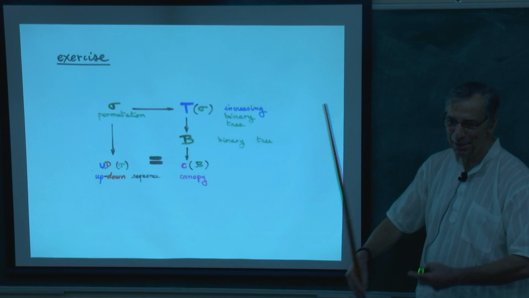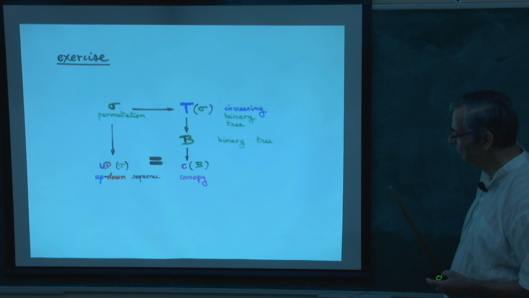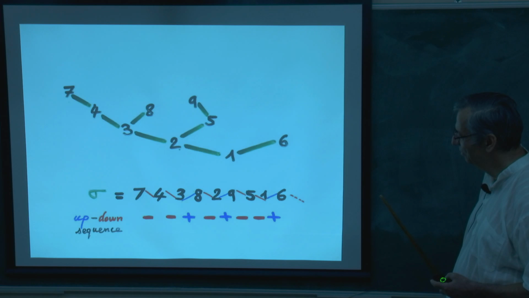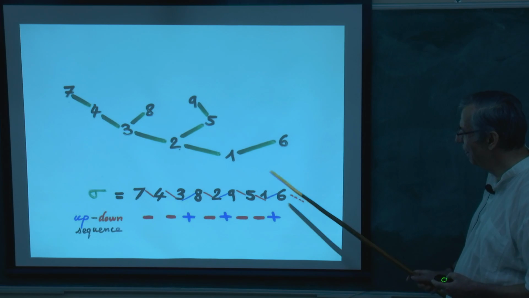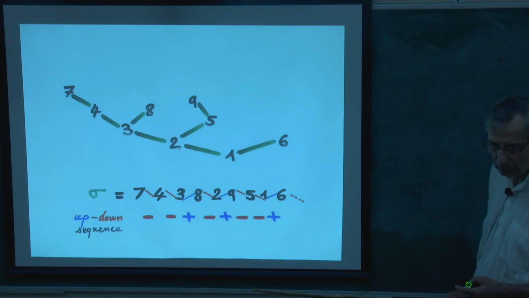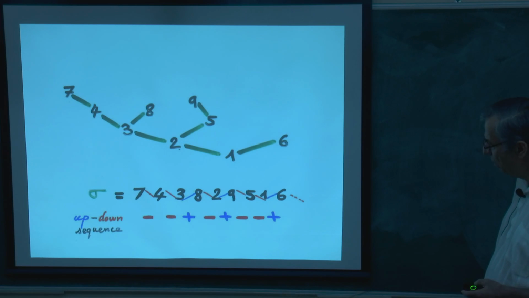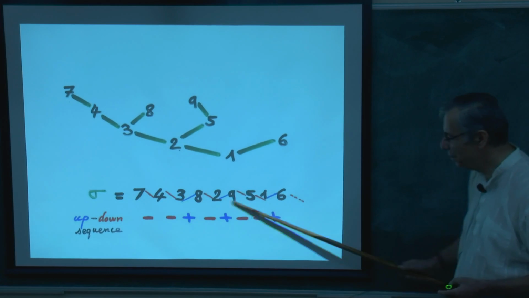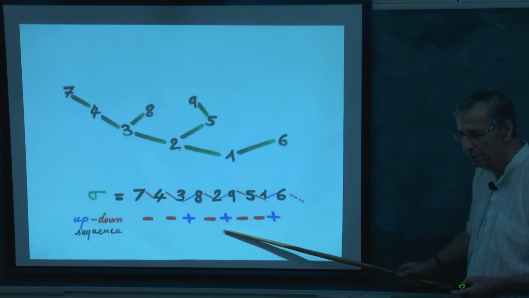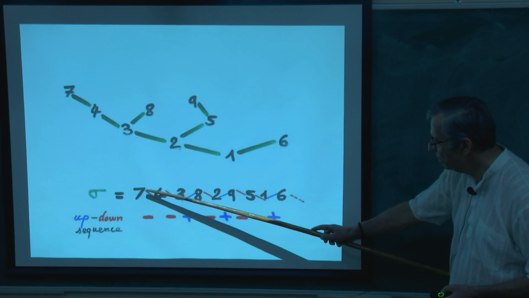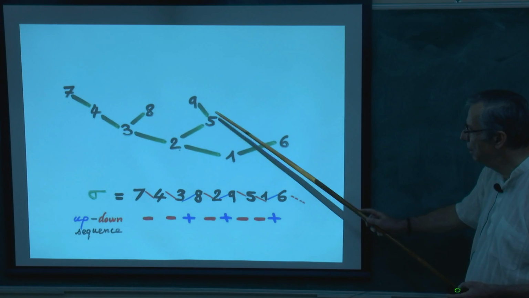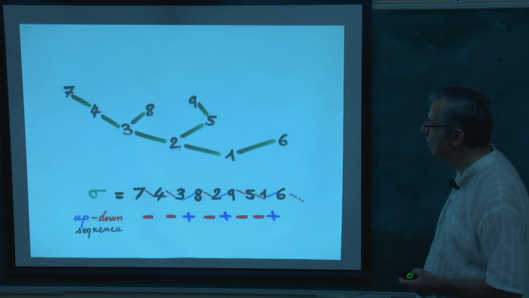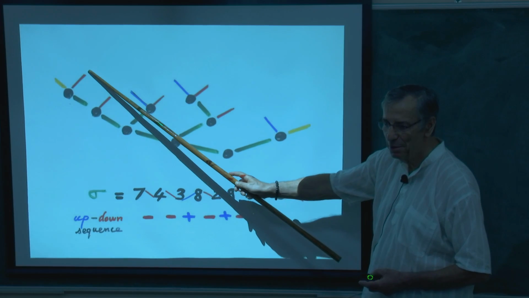There is a compatibility. For example, you have this permutation with this up-down sequence: down is minus, up is plus. You have this increasing binary tree. What is the canopy of the underlying binary tree?